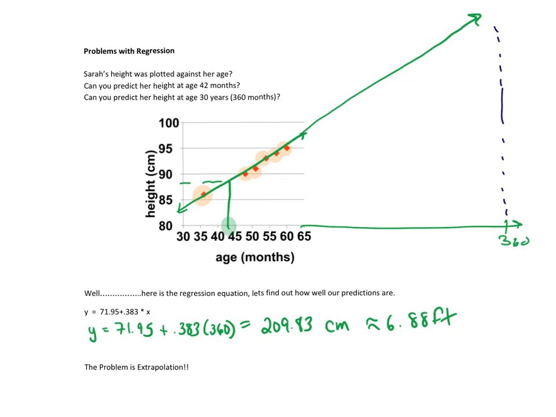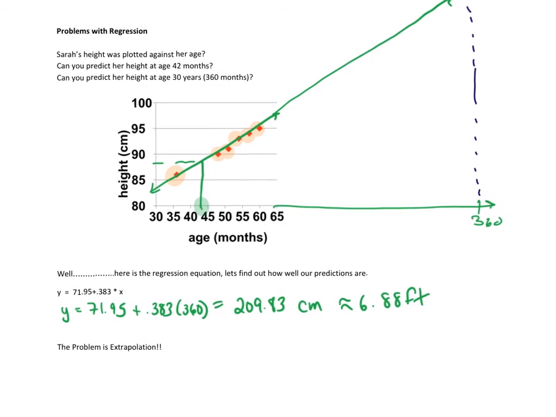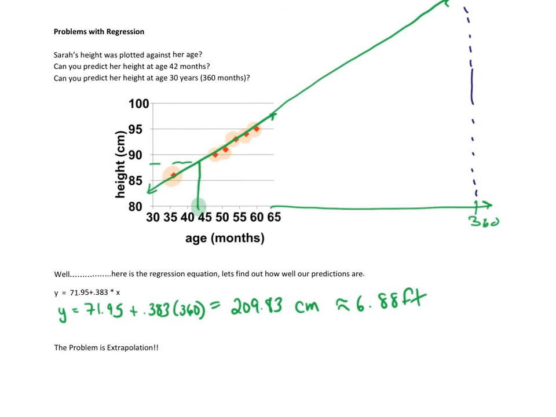And this gives us one of the biggest problems with linear regression, called extrapolation. Extrapolation is a problem where you take information, I have data that's from 30 to 65 months, and I'm going to try to use it for some outrageous value like 360 months. That is typically not a good idea. We typically only want to use regression within the data range.